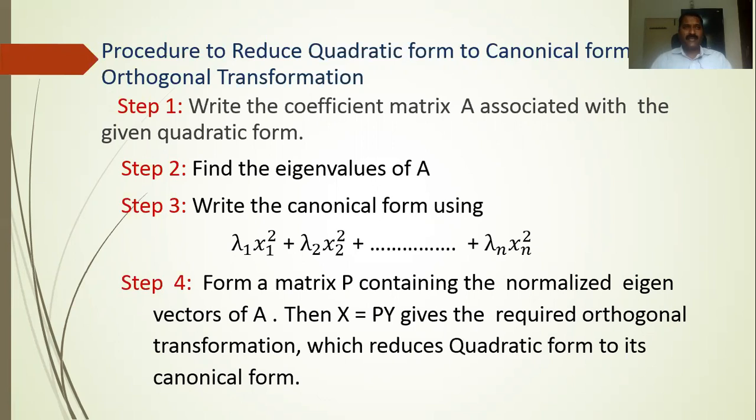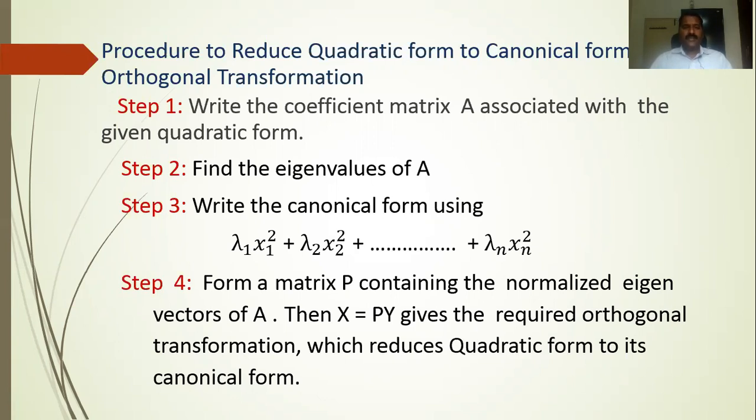Namely, we choose its columns as orthogonal column vectors, and later we normalize that. Then P will become an orthogonal matrix, and X equal to PY is the transformation which transforms the given quadratic into its canonical form, Q dash.